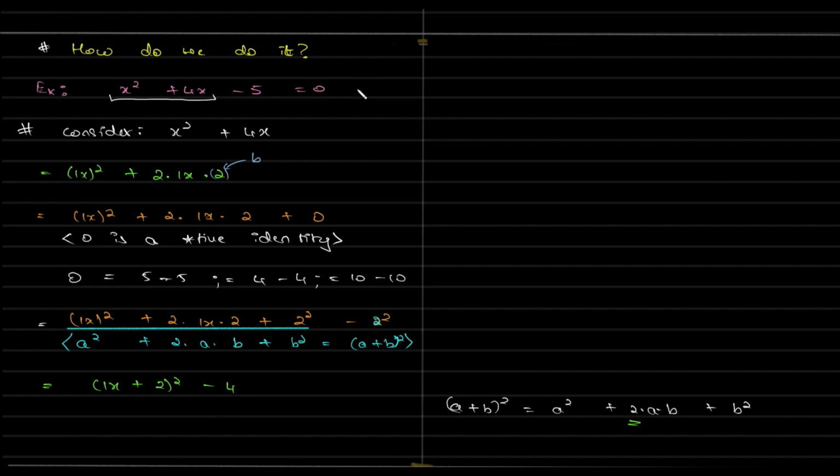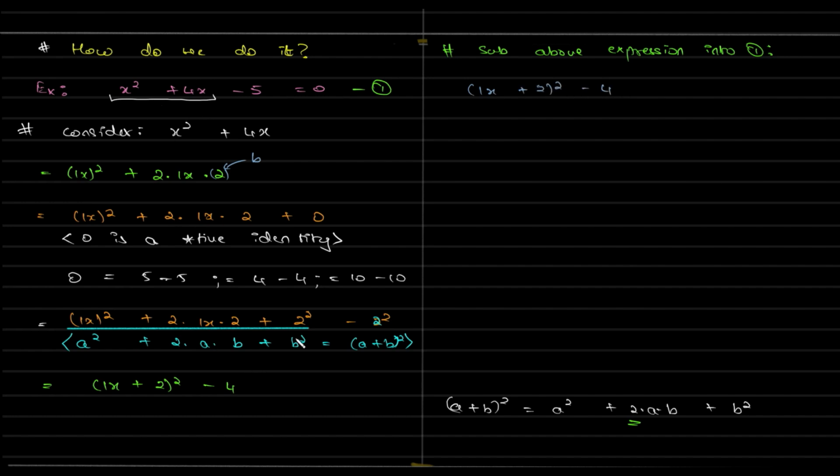This we can substitute back into equation 1. Substitute the above expression into 1. So we have 1x plus 2 the whole square minus 4, right?